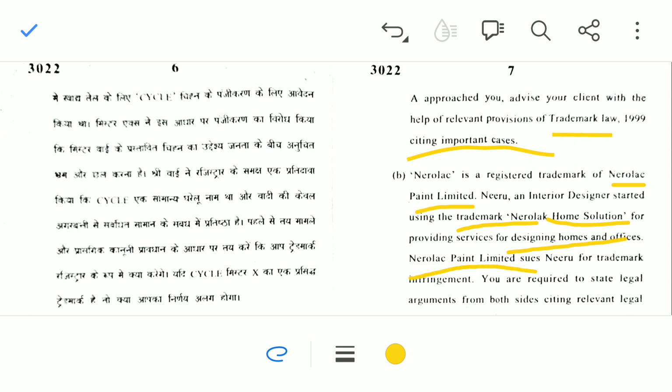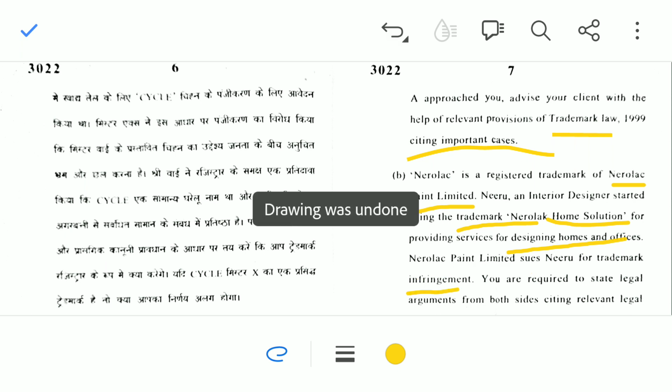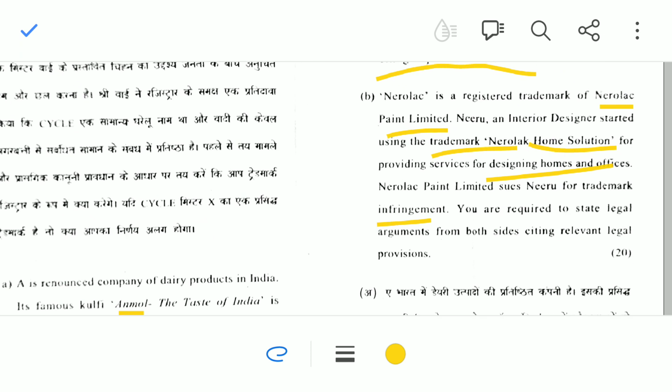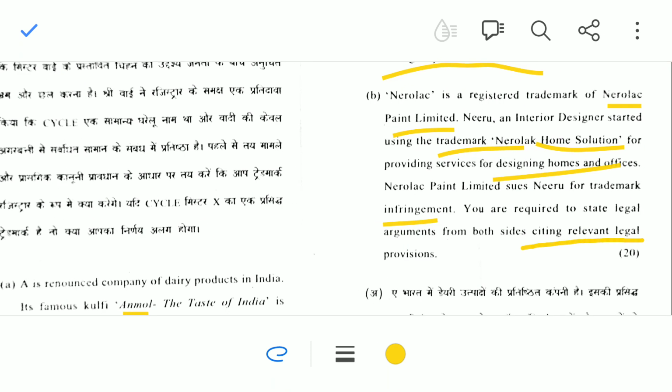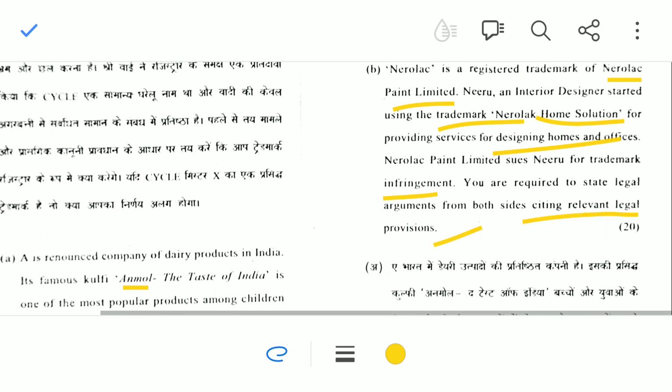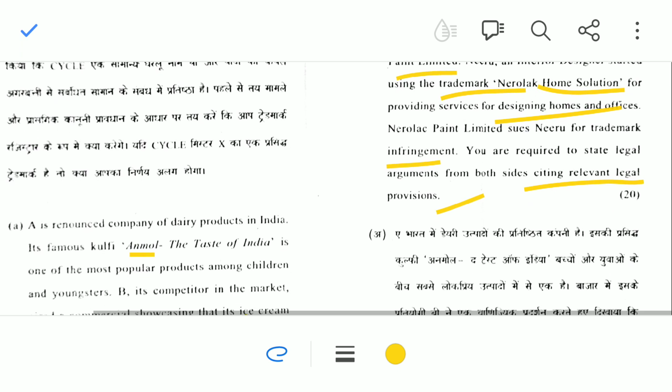Nerolac Paint Limited sues Niru for trademark infringement. This question is based on infringement of trademark. You are required to state legal arguments from both sides citing the relevant provisions, and you have to write according to case laws also.